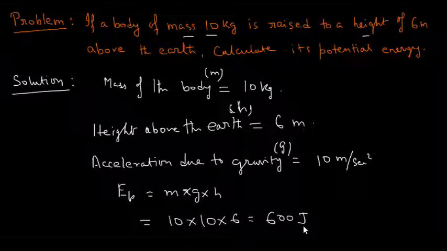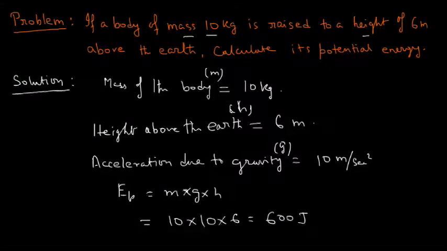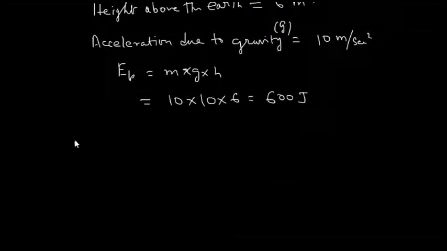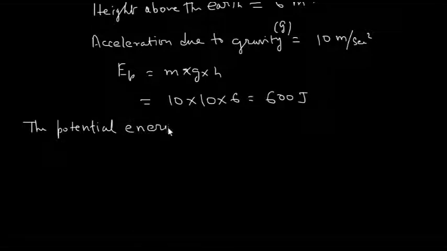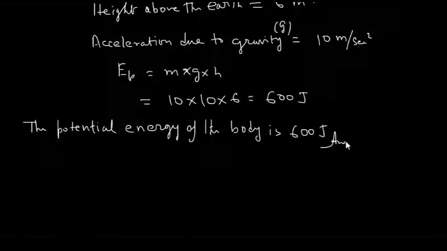The potential energy of the body is 600 joule, and this is the answer.